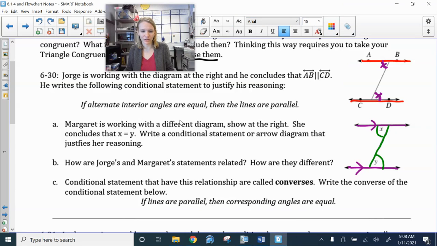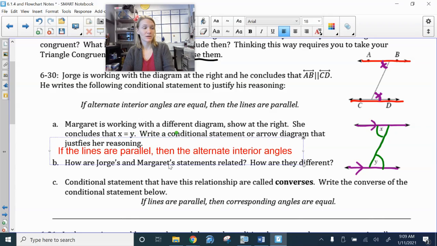Let's see here, grab a color here. Write a conditional statement or arrow diagram that justifies her reason. Well, she was given some information. She knows that if the lines are parallel, just like we saw in our flow chart just a second ago, then the angles, and specifically these are our alternate interior angles, have to be equal.